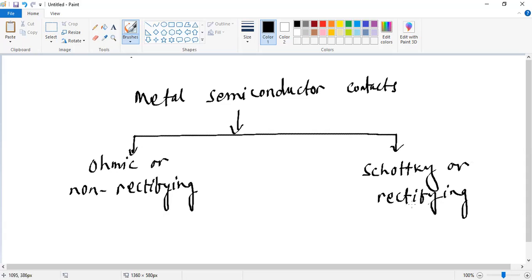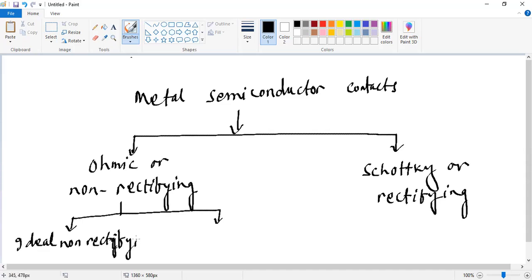Further, this ohmic or non-rectifying contact can be classified into two types. One we will say ideal non-rectifying contact, and the other one is tunneling barrier.